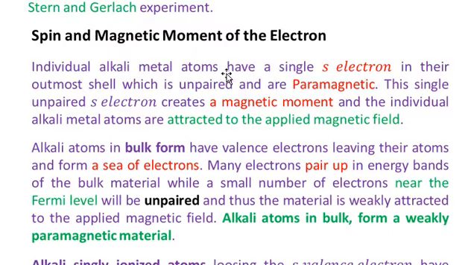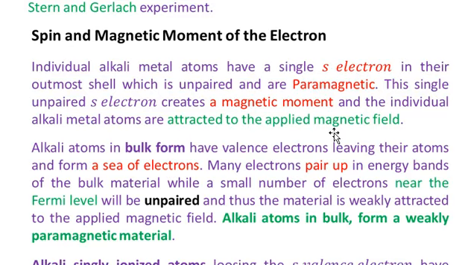Individual alkali metal atoms have a single s electron. This is what we have seen in one of the previous lectures. So individual alkali metal atoms have a single s electron in their outermost shell, which is unpaired, and are paramagnetic. All the alkali metal atoms are paramagnetic because they have the outermost valence electron as the s electron, which is unpaired. This single unpaired electron creates a magnetic moment, and the individual alkali metal atoms are attracted to the applied magnetic field.